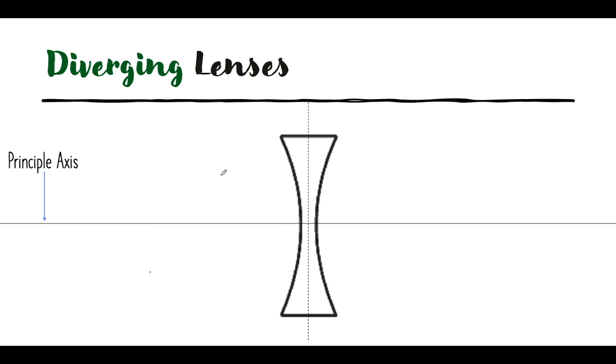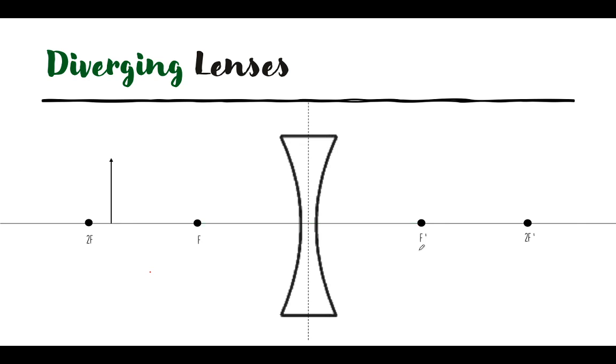So that's going to be the point at which my line will stop when I'm drawing these diagrams. I still have f and f prime. The only difference is that in a diverging lens, the f is on the left side and the f prime is on the right side. Still the focal point, still the focal length. I've got 2f and 2f prime. Okay, so this is just the terminology in reference to diverging lenses.